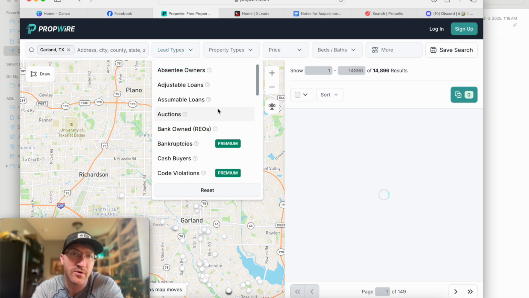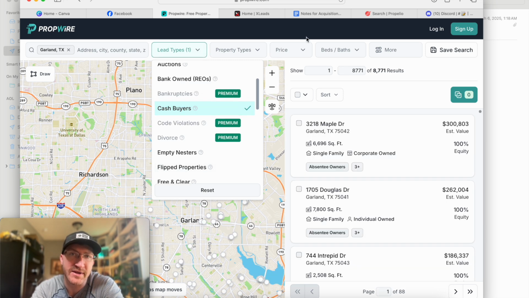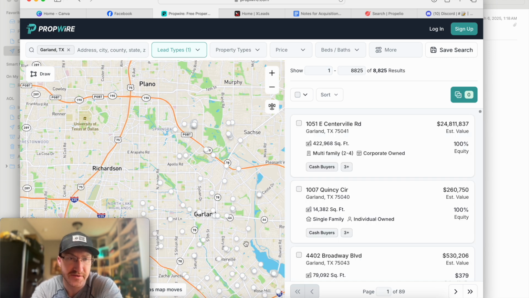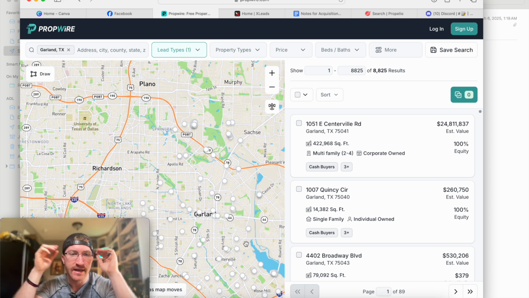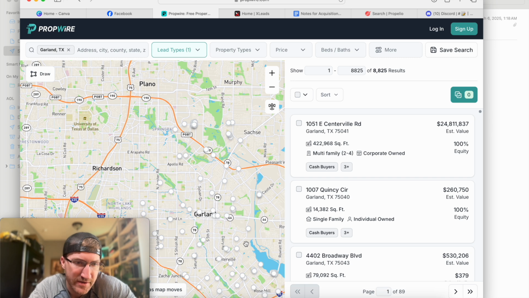If we get rid of absentee owners, we can go down here to look at cash buyers on PropWire. Now, the reason for finding cash buyer type homes is because these are probably real estate investors. Most people paying cash for properties are real estate investors. Now, if you're a wholesaler or looking to wholesale, something I've been trying to do now, jumping into some wholesaling related activities, and you've got a home under contract and you need to find an end buyer so that you can sell the rights to the contract you have to make a wholesale fee, then looking up a cash buyer list of homes in the area your investment is in may be a good idea.